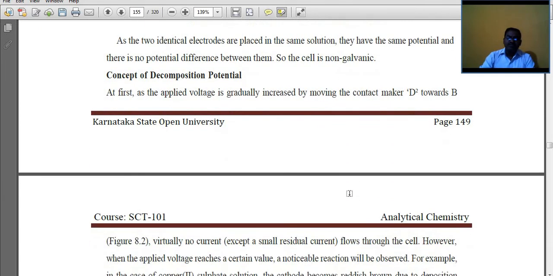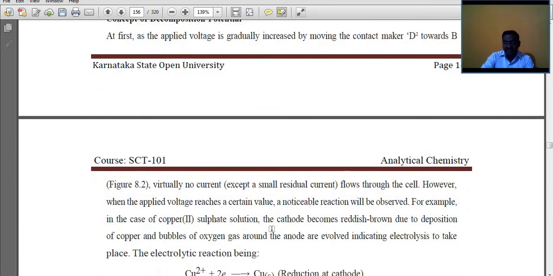The concept of decomposition potential. Here the applied voltage is gradually increased by moving the contact maker. Virtually no current flows through this cell. However, when the applied voltage reaches a certain value, a noticeable reaction will be observed.